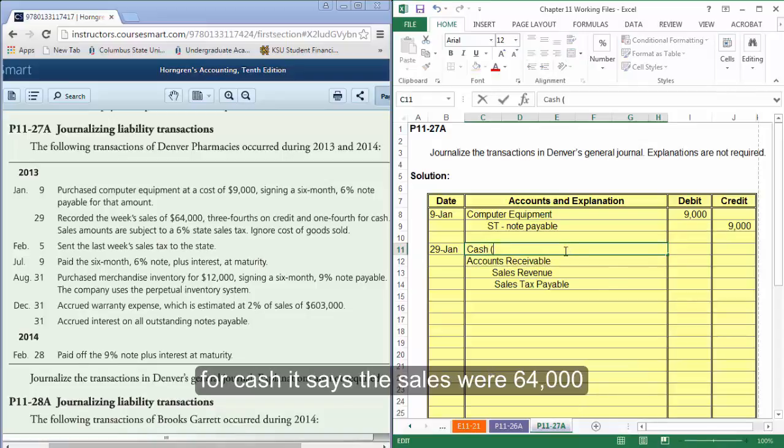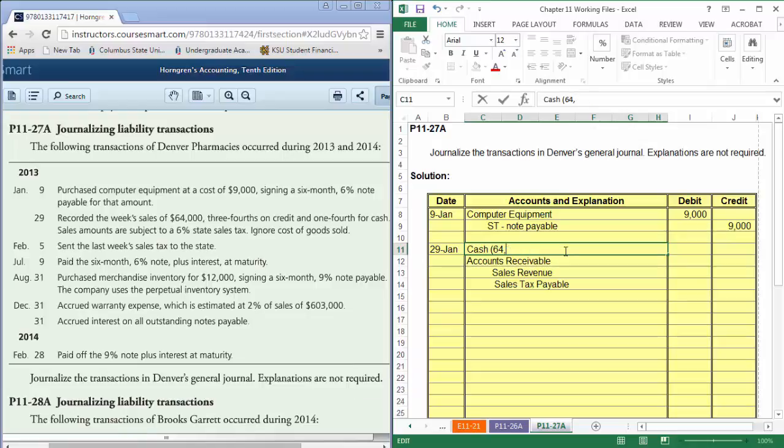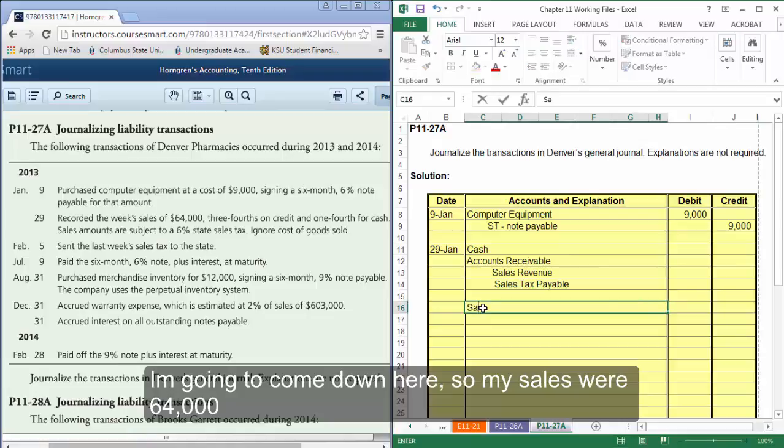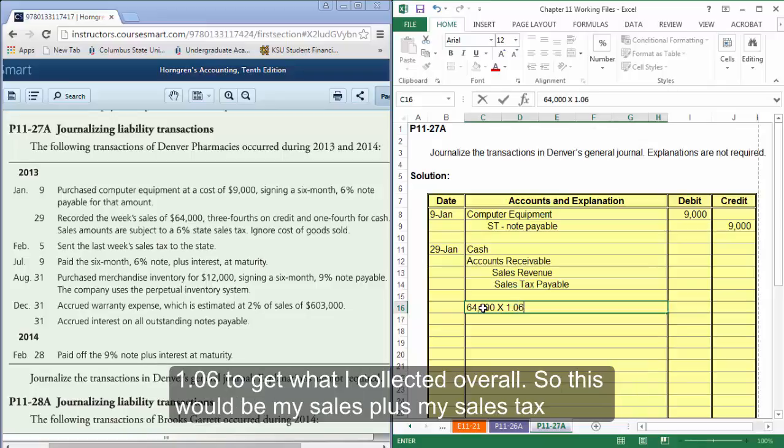So for the cash, it says that the sales were $64,000. Well, first off, let's come down here. So my sales were $64,000. All right, but I collected also 6% sales tax. So I'm going to multiply this by 1.06 to get what I collected overall.